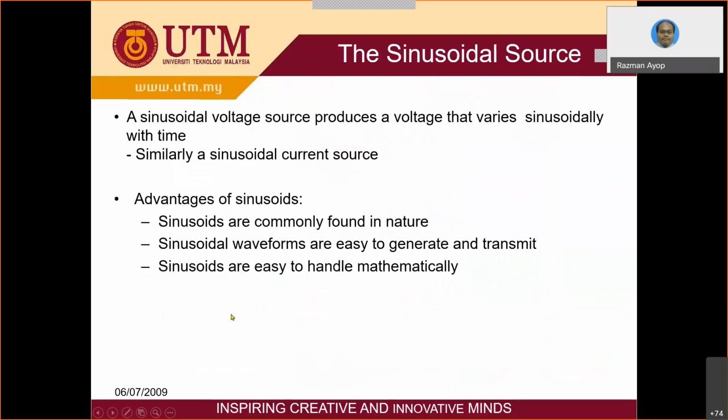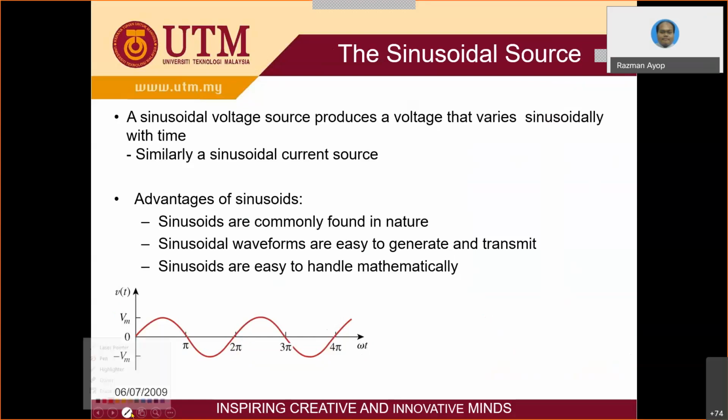Okay, another advantage is that AC is easily handled mathematically. This one you have to remember for theory. Okay, this is the standard. Here, Wt is in radian. Pi means 180 degree. 2 pi is 360 degree.